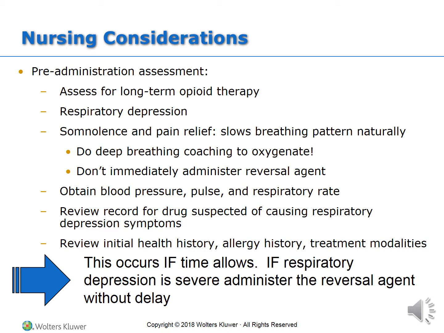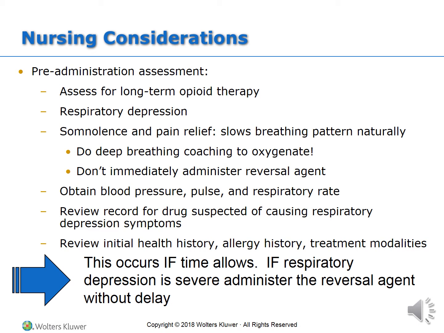If they are suffering from CNS depression, all of these things are going to be markedly decreased with respiratory being most significant and concerning at times. You want to look at the record and try to determine what's causing the respiratory depression symptoms or the CNS depression symptoms. Look at their health history, allergy history, treatment modalities that they've used, if possible.